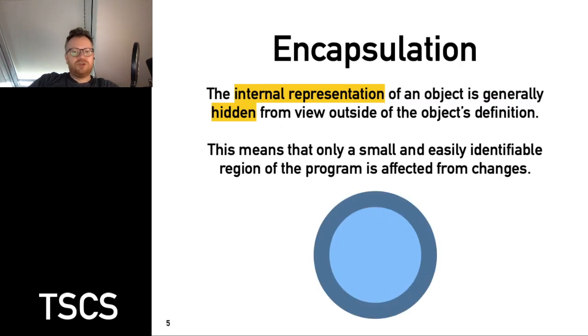Good. Encapsulation should be fairly natural. So the general rule is that the internal representation of an object is generally hidden from view outside of the object's definition. So from outside the object's definition, we do not learn anything about the internal representation, and we should not rely on that.